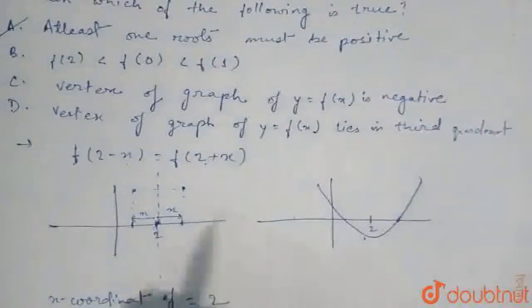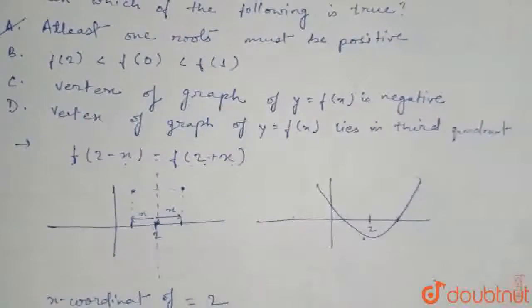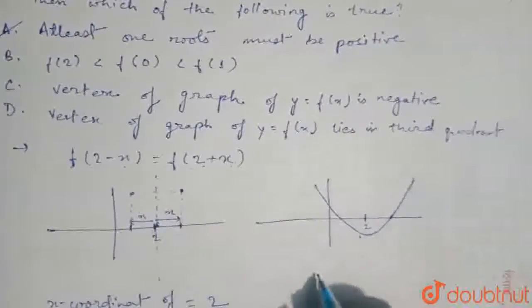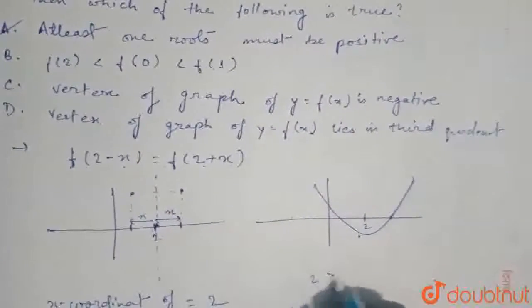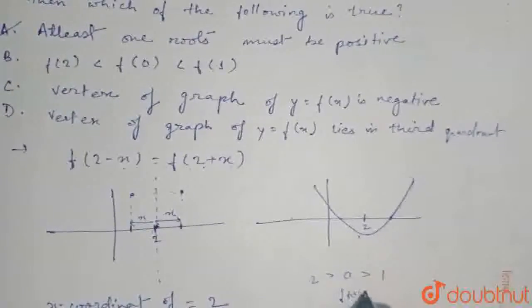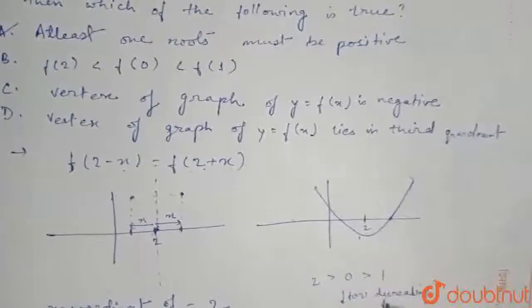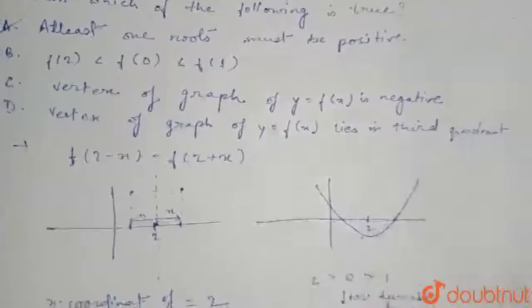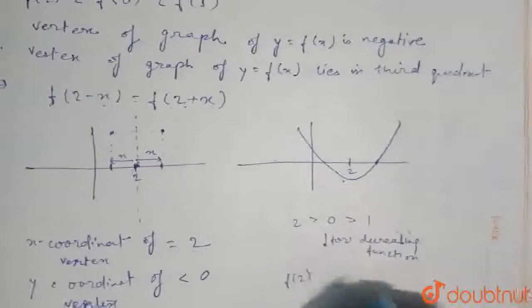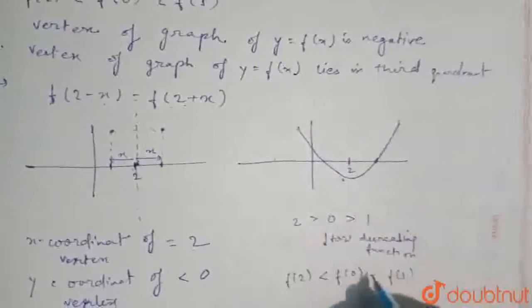Now before x = 2, we have a decreasing function, and for a decreasing function, 2 is greater than 1 is greater than 0, and if we apply the function to 2, 1 and 0, the sign will reverse like this.